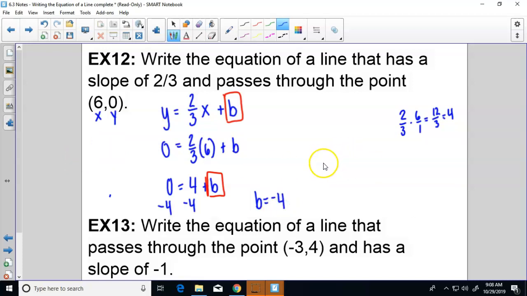So that's our y-intercept, but this asks for the equation, so y equals 2/3 x minus 4. Questions?